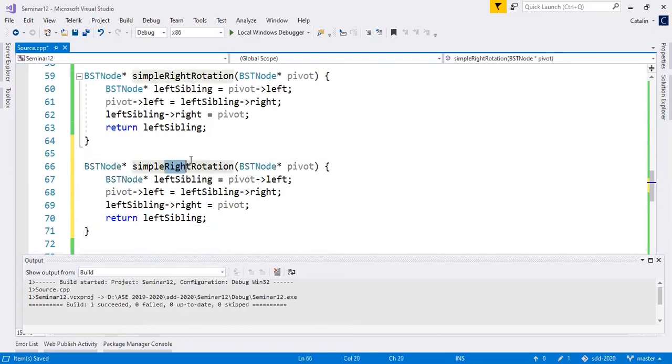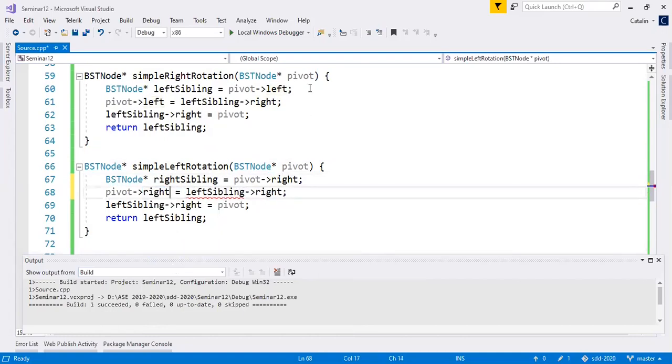So this will be a simple left rotation. Okay, so here you will take the right sibling, pivot right. Now pivot right gets the right sibling left.